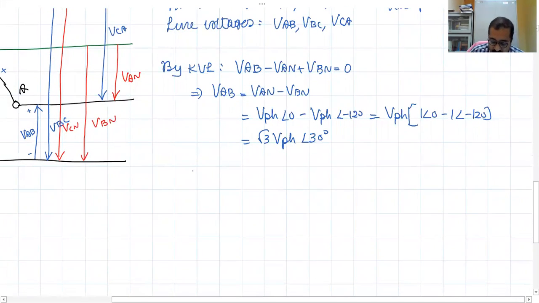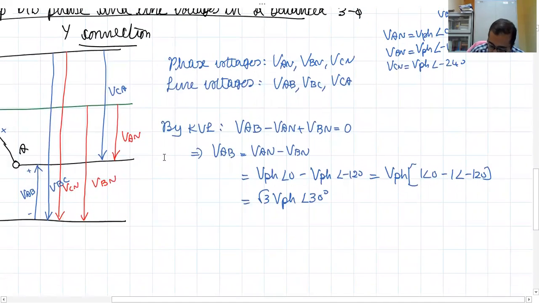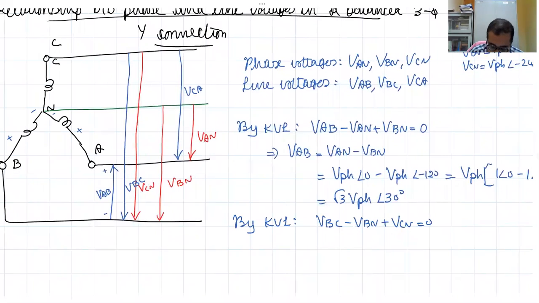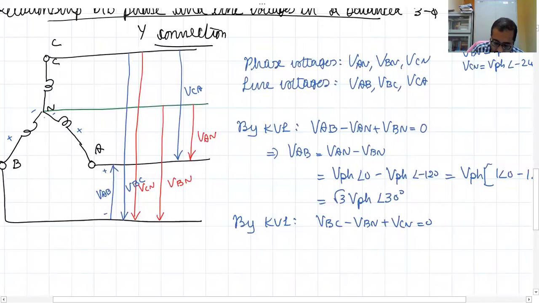Similarly, if you apply KVL to the loop of line BC, what would you get? You would get VBC minus VBN plus VCN equal to 0. Are we getting that? Just see VBC, whether B and C is this thing. So plus VBC, then minus VBN, and plus VCN equal to 0.